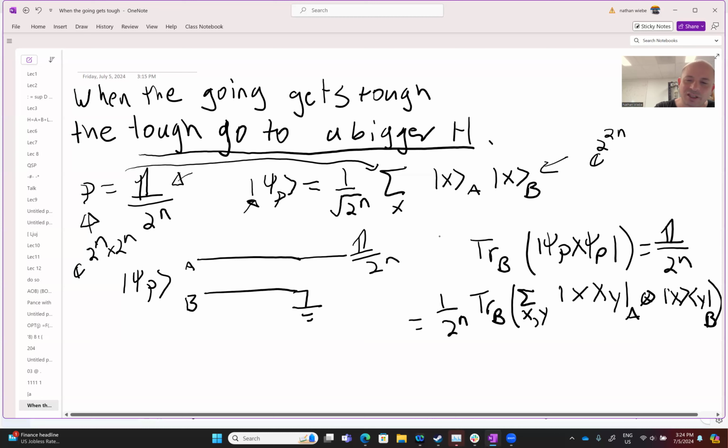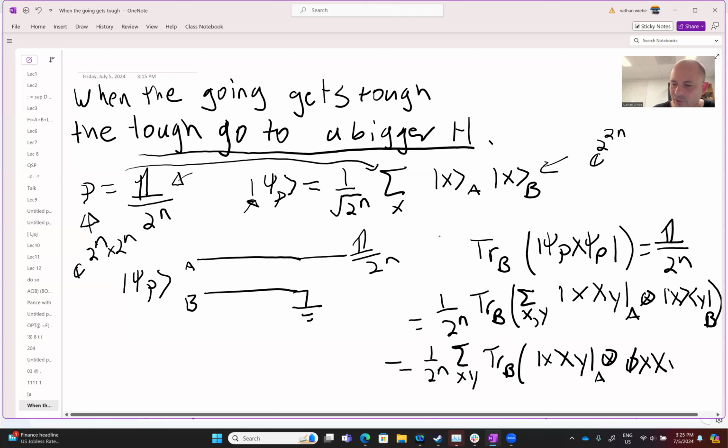Now, using the linearity of partial trace, this is equal to 1 over 2 to the n, sum over xy, partial trace over x outer producted with y on the register A, tensor producted with x outer producted with y on the B register.